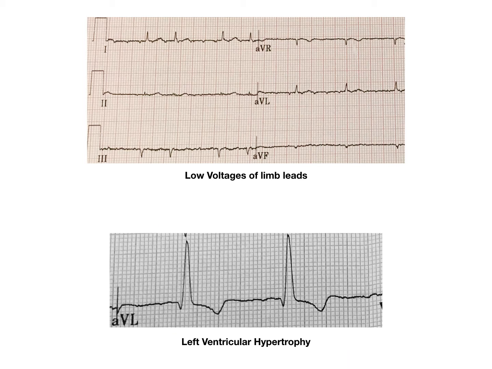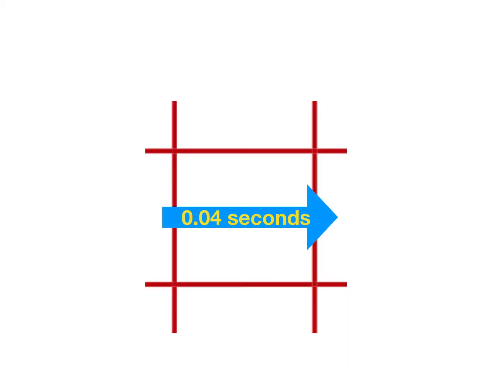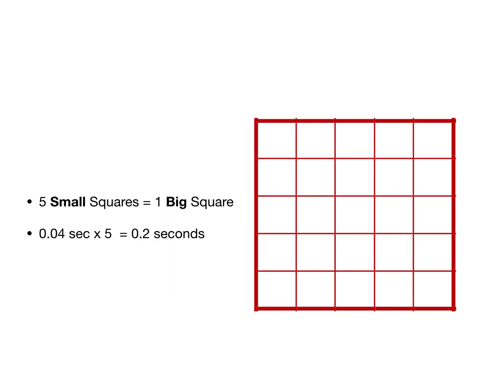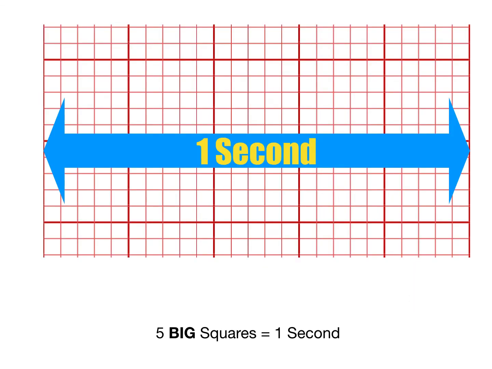So now we're going to move to the horizontal plane, and as you can see here, one small box is 0.04 seconds. If we have a big box that is composed of 5 small boxes, you have 0.2 seconds. By the same token, if we have 5 big boxes, you have 1 second.